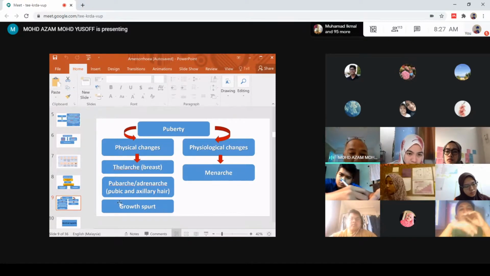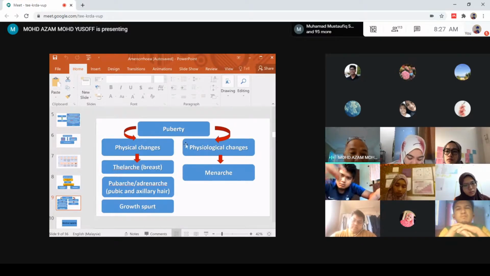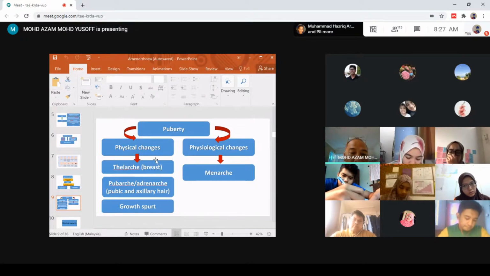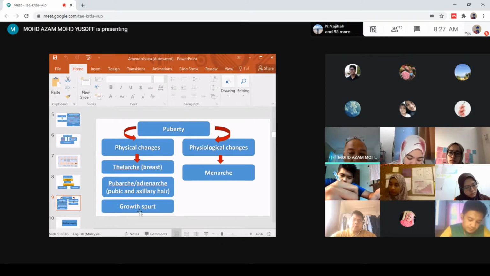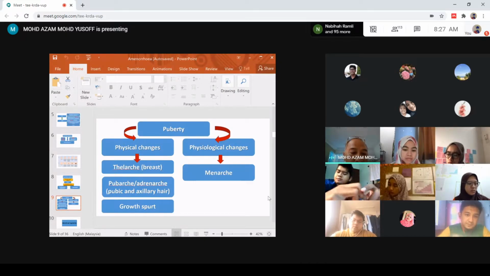And the other main feature of puberty is growth spurt, sudden growth. So these are 4 main keys in the puberty: menarche, thelarche, pubarche, and growth spurt. When you assess whether this patient has reached puberty or not, you look at these 4 aspects. Okay, clear?